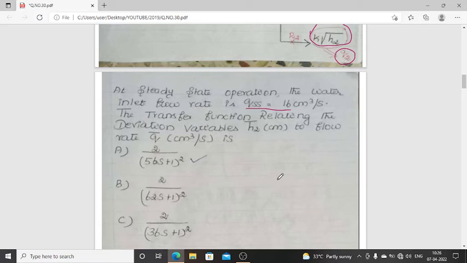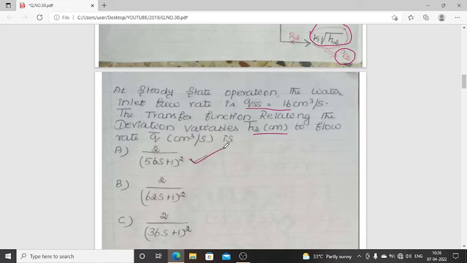We need the transfer function relating the deviation variable H2 bar, the level in centimeters, to the flow rate deviation variable q bar in centimeter cube per second, that is h2 bar divided by q bar. The answer for this problem is option A.